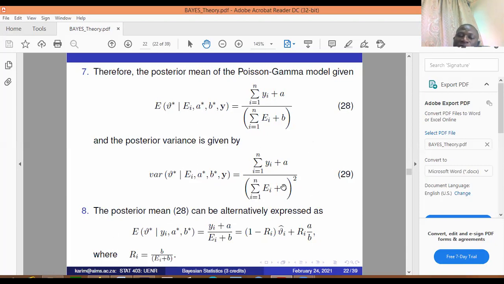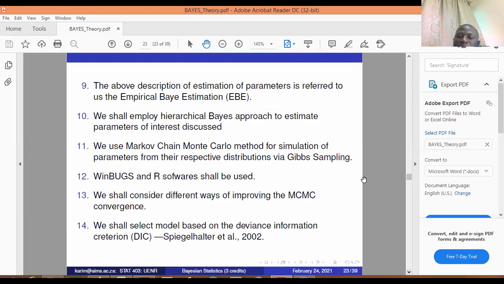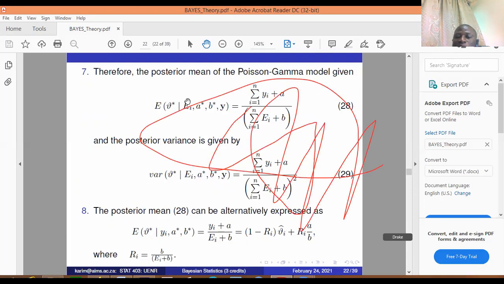And that is what we have here. This is just a different way of expressing the expected mean and the expected variance of the posterior parameter, the risk of the disease in region I. Now you've seen what we have done here.